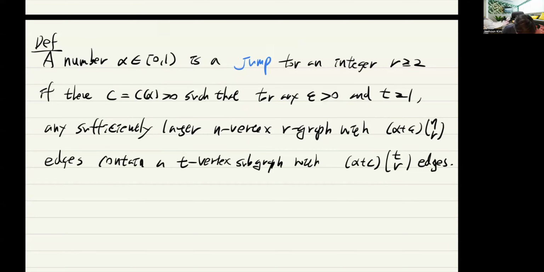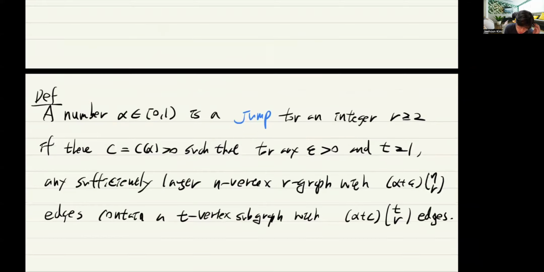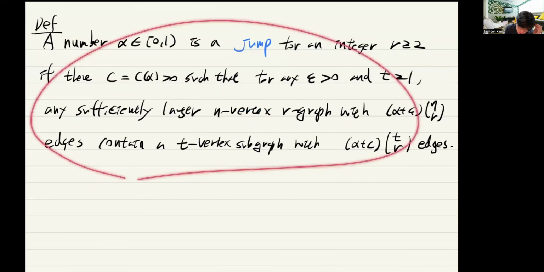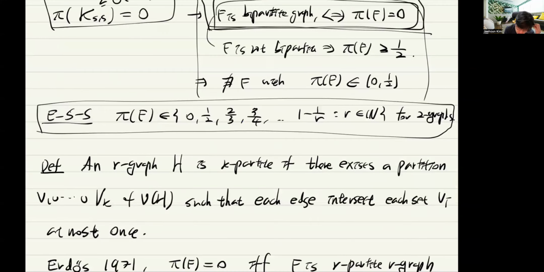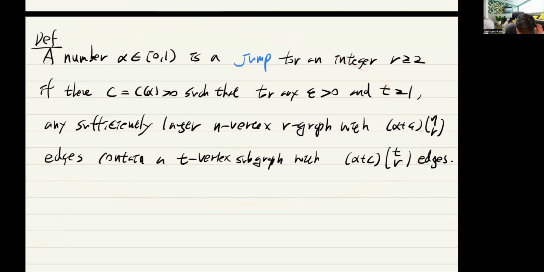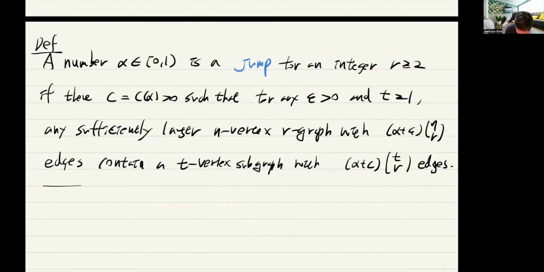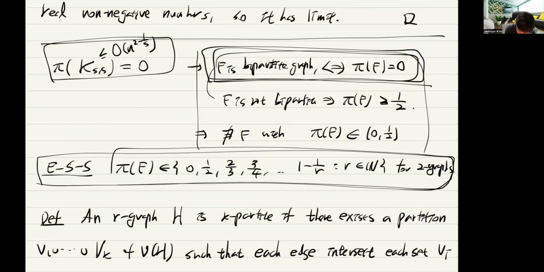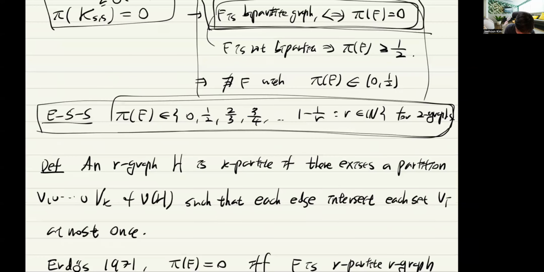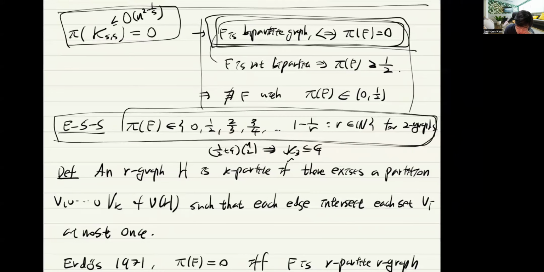So at first look, this seems a bit different from saying that there is this gap, but this is essentially equivalent. For the graph case, what does it say? It says that if your density is more than half, so if you have half plus epsilon times n choose 2 edges, then you have a K3 in your graph G. But what's this K3?